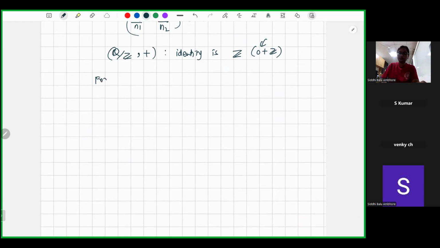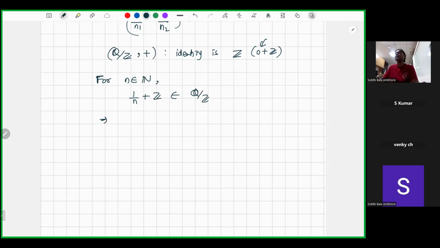Let us try with natural numbers n. 1 by n belongs to Q, so 1 by n plus Z belongs to this, right?